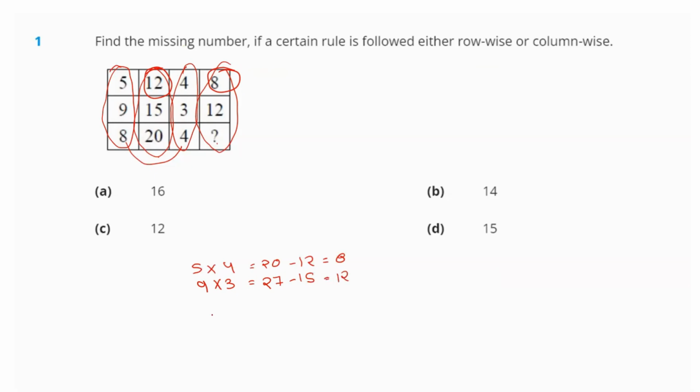Yes, this is working. Let's find the last. 8 multiplied by 4, 32, minus 20, we get 12. Yes, we have 12 in our options, so answer C is a correct answer. Moving on to the next question.